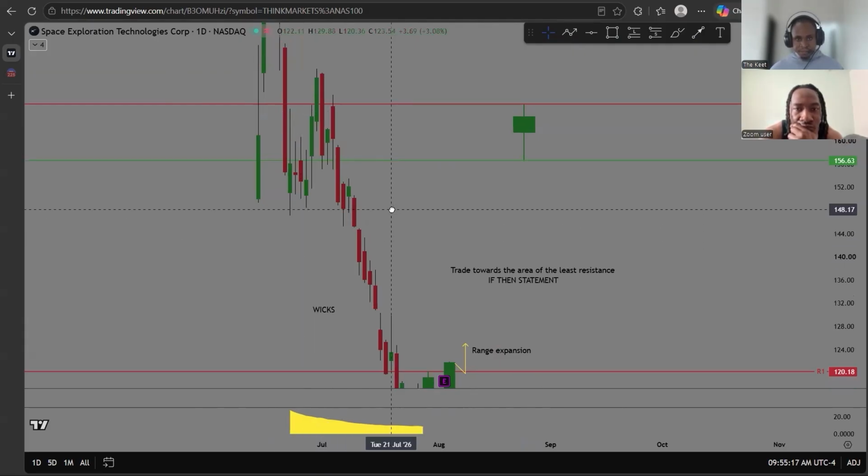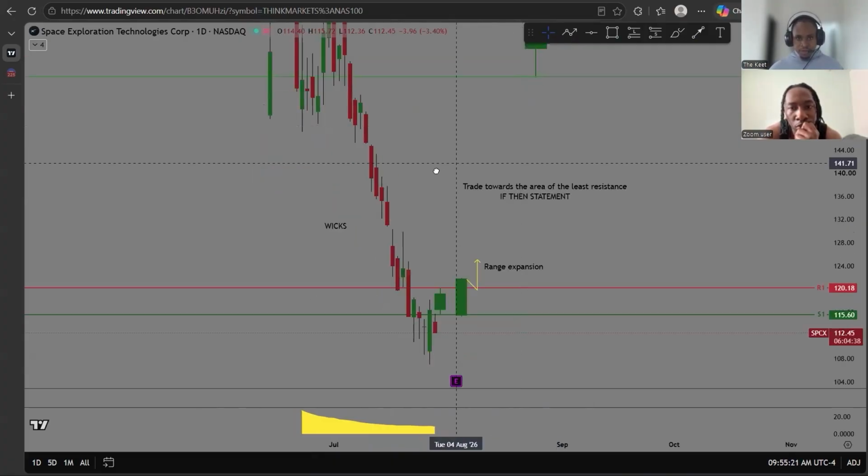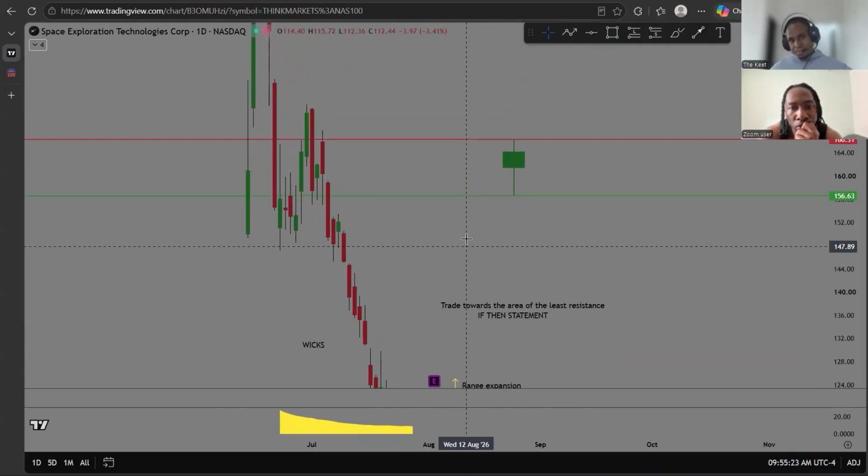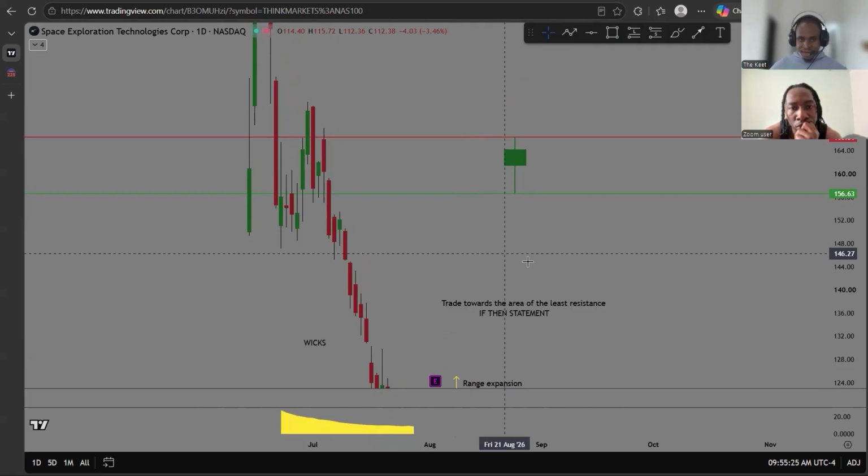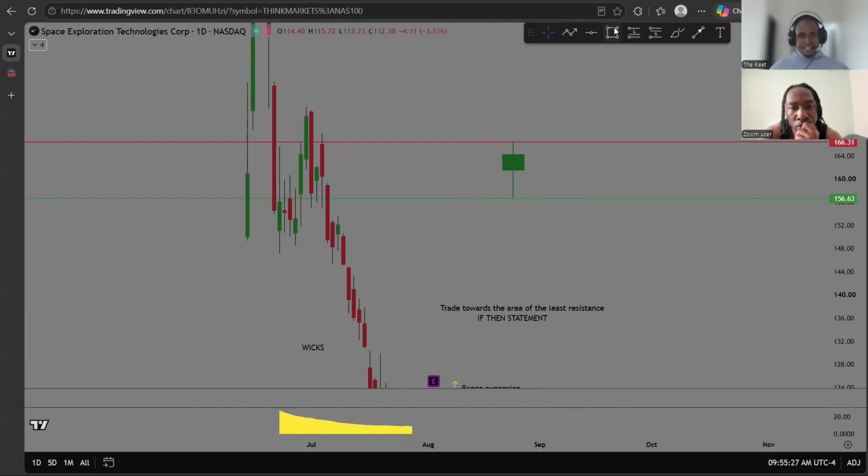So for any advance in price, you'll still need a daily candle to close either above the price or below the price to actually show you the direction where the market is going.